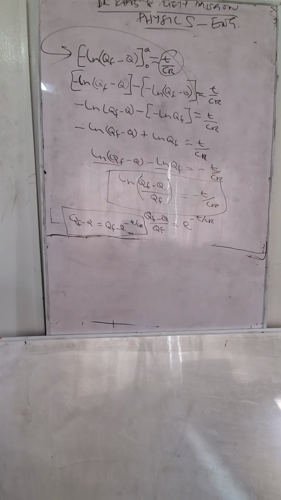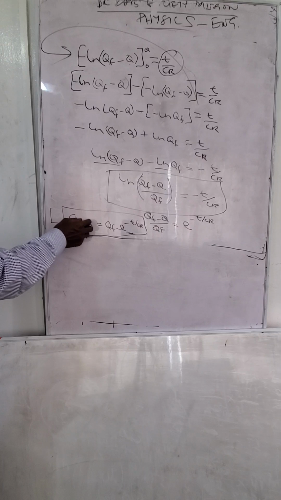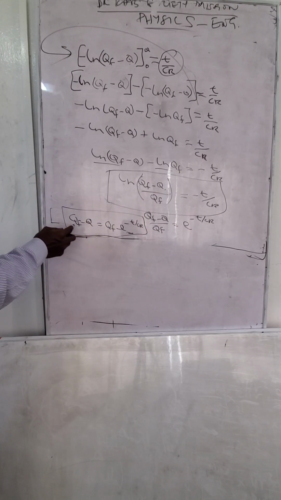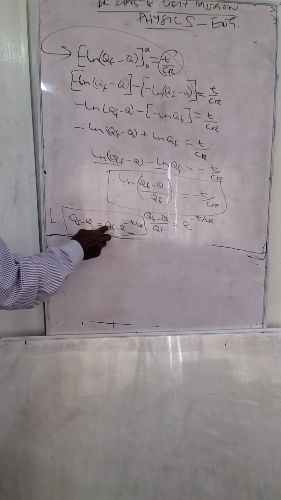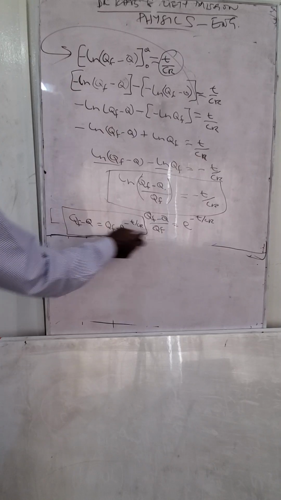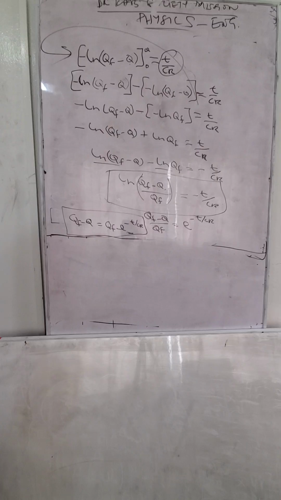Let's see whether we made any errors there. Let's go through and be careful. Right, so we are on the path. Now let's make Q the subject. We are making Q the subject. Then this must cross the equal sign, and then we multiply through by negative so that we get Q to stand alone.